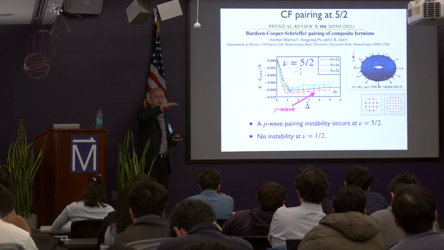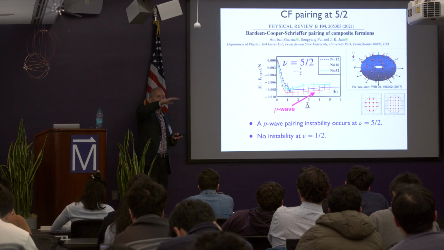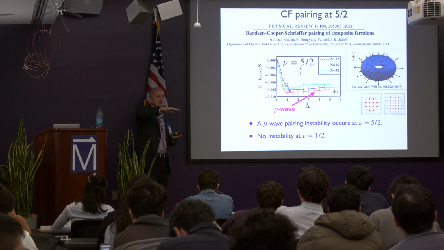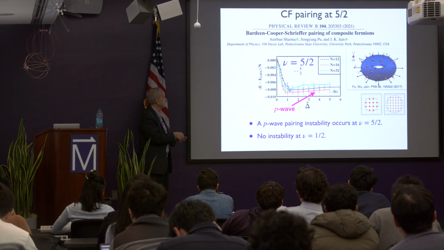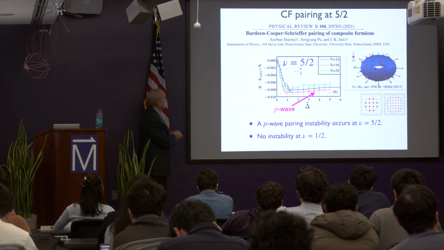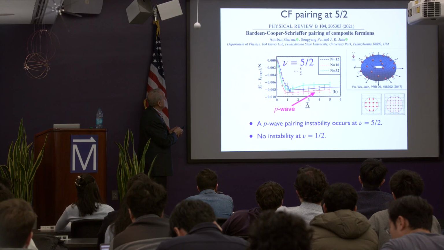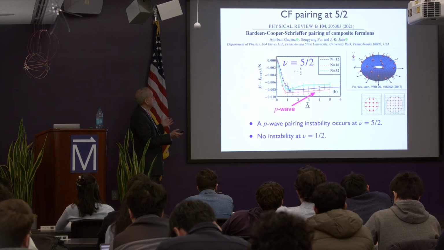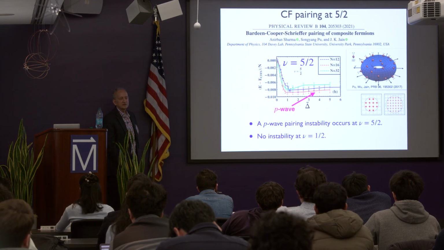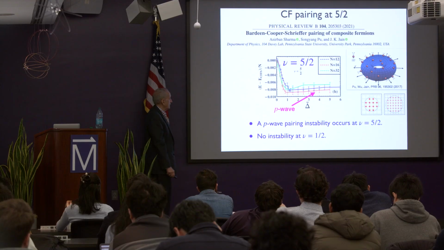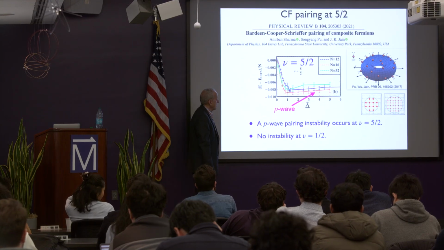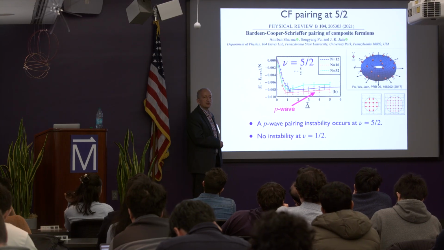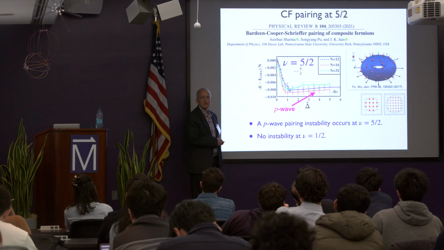For each delta we try to find the cutoff wave vector which gives the lowest energy, and that's what I'm plotting here. You notice that the Fermi sea energy is here, but for some finite value of delta, we can reduce the energy. It turns out the p wave gives the best energy. So it shows that there is a p wave instability.